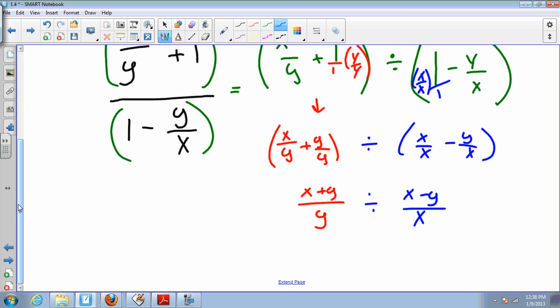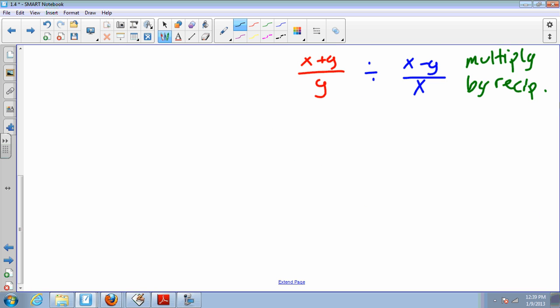We now have a fraction divided by a fraction, so we are going to multiply by the reciprocal. So it becomes x plus y over y times x over x minus y.